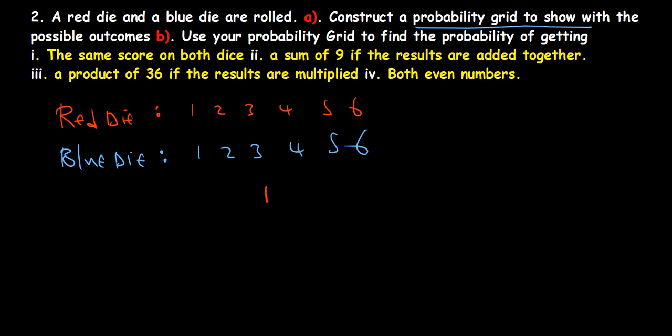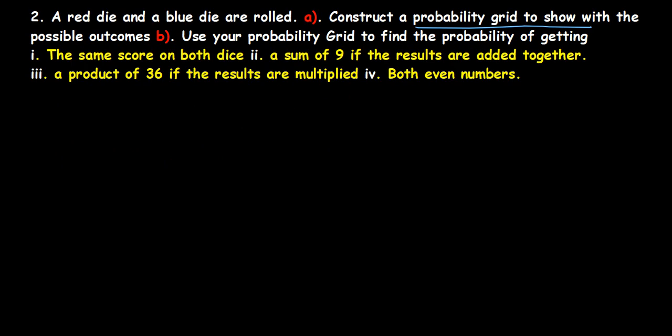Let me write it a bit on top there because we need a lot of space. And the blue die as well will have 1, 2, 3, 4, 5, and then 6.